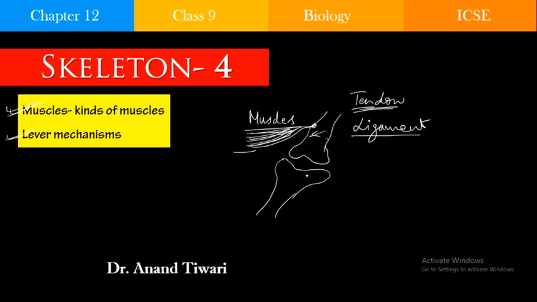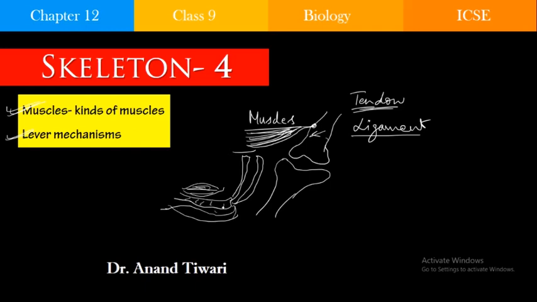Then what happens? There will be the biceps on the upper side, and we have the triceps. The triceps are a much longer kind of muscle. This is the biceps and triceps.